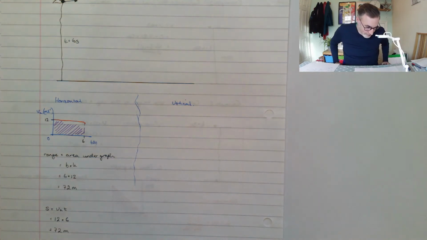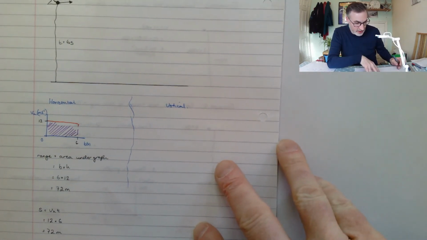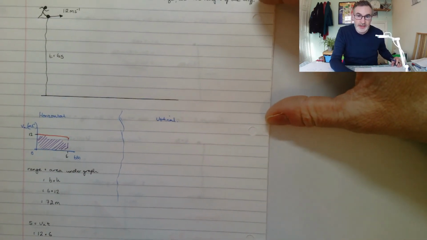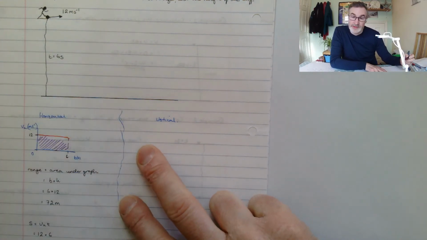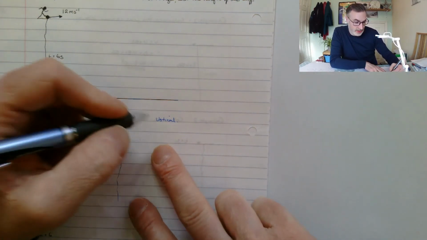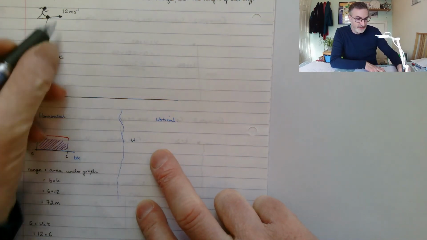You're done. Now, vertically speaking, what do we have? We've got to find out the height of this cliff. What's its initial velocity, vertically speaking? Right now, if it was in class, half of you would be saying, yeah, it's 12.